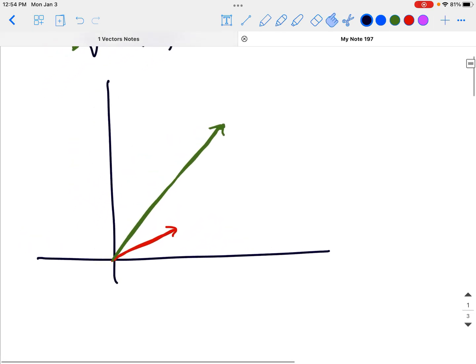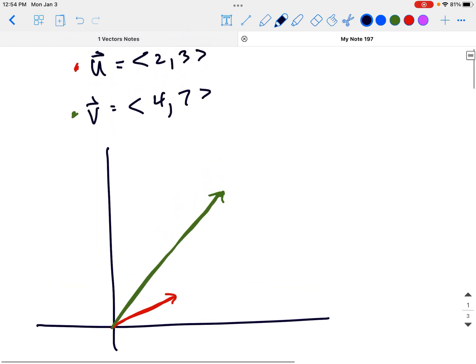Let's zoom in a little bit here just to focus in a little bit more on what the vector components are going to look like. So if I'm adding these two vectors, again, what geometrically we looked at last time is that we're going to get a parallelogram's diagonal.